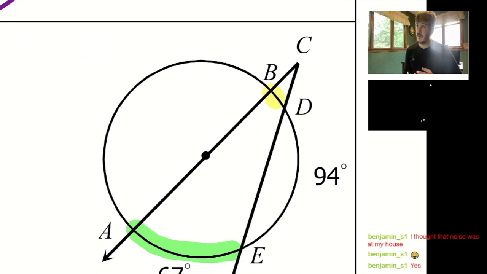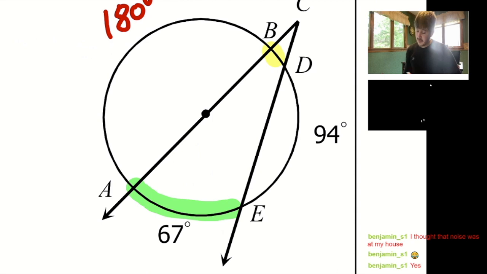Well, it looks like they've labeled the center right here. That's great. Because if that's the center, that's a semicircle right there. That's 180 degrees. If that's a semicircle, the semicircle on the other side, this entire circle, is also 180 degrees. So we can use that to figure out the little arc.